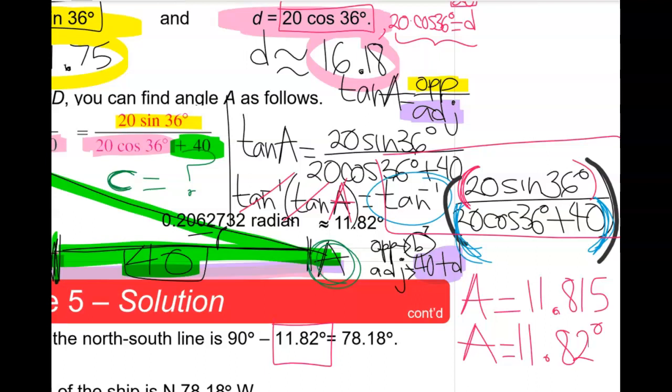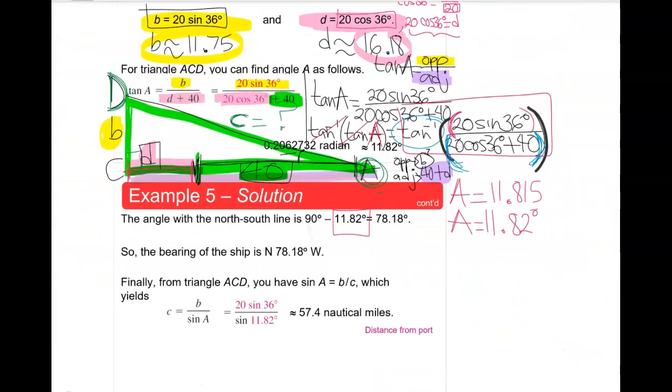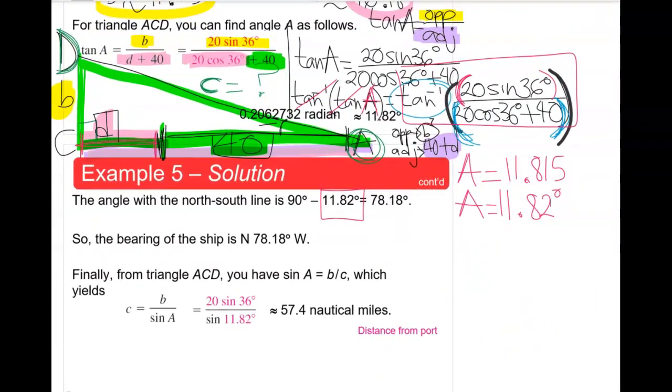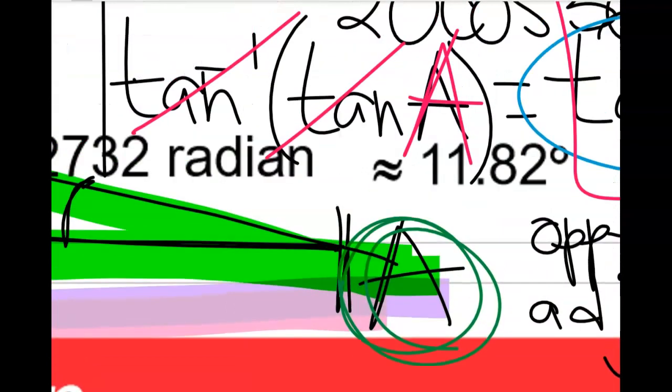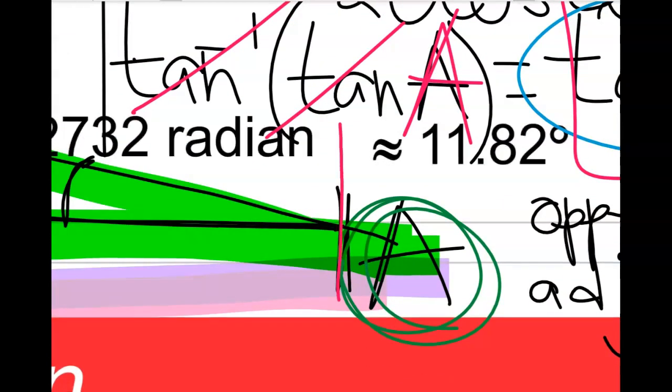And so to find that, we're actually going to have to use the complement of it, because at that point, if we trace the north-south line here, we know from here to here is where we got the 11.82.